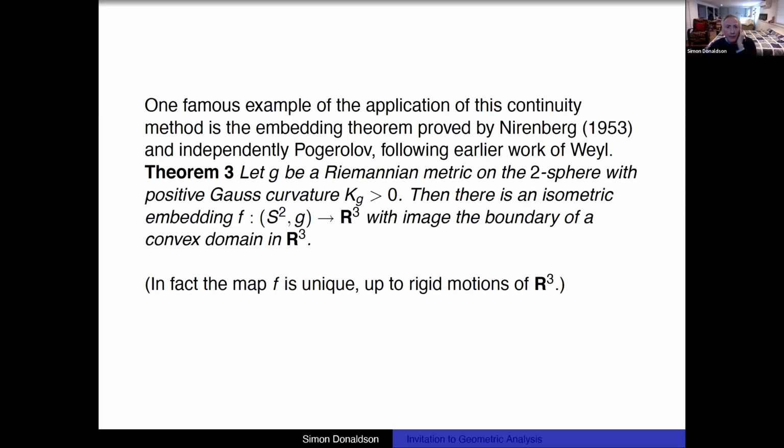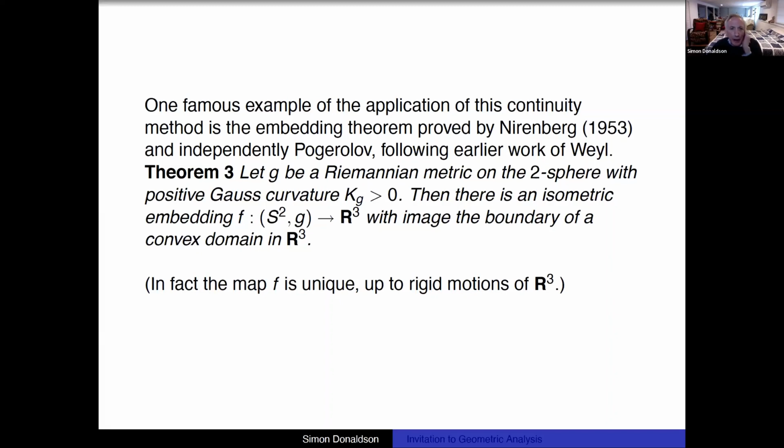It says if we take a Riemannian metric on the two-sphere, an abstract Riemannian metric, with strictly positive Gauss curvature, then that can be obtained by a suitable embedding of the two-sphere in R3. This is what's called an isometric embedding of the two-sphere with this metric into R3. And in fact, the positive Gauss curvature means it'll be the boundary of a convex domain in R3, something like the boundary of a rugby ball.